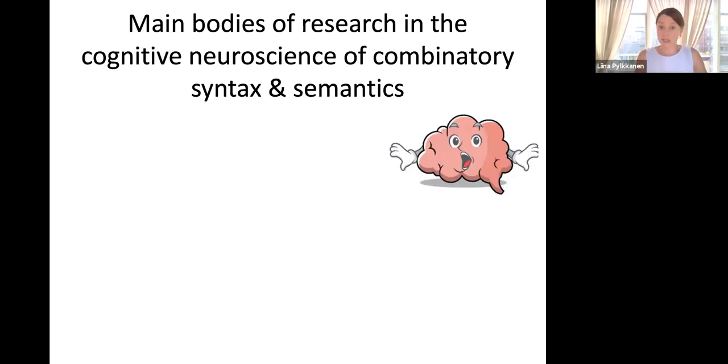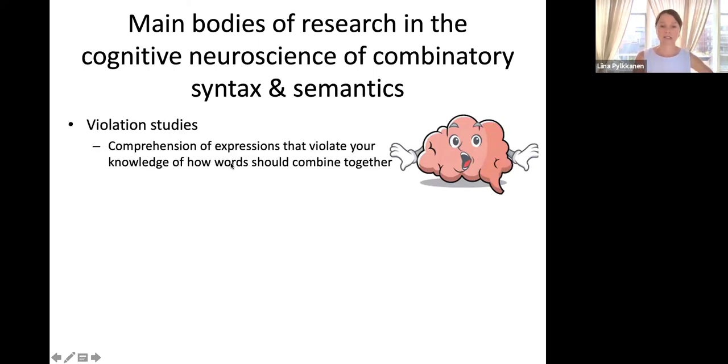So we're always surprising the brain in these studies. It's a body of violation studies where the comprehension of expressions is investigated that violates the knowledge of how words should combine together. And it is going to be primarily an EEG literature.